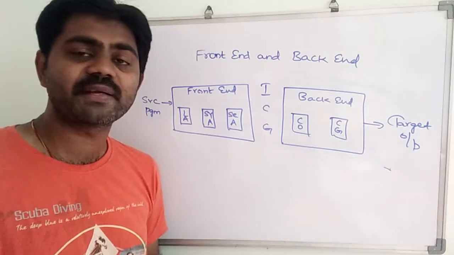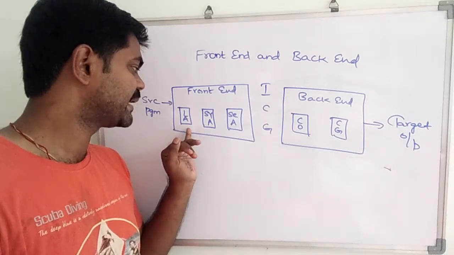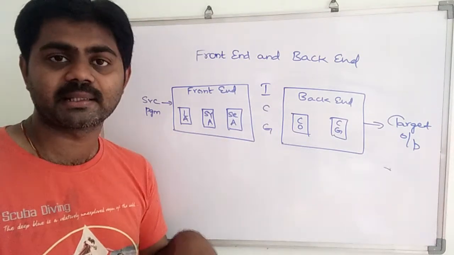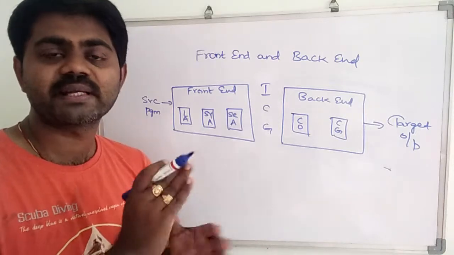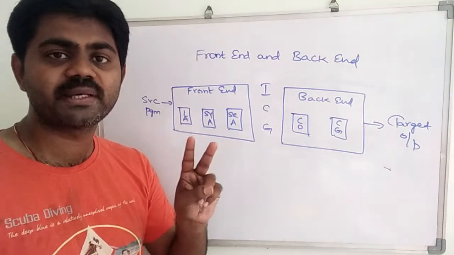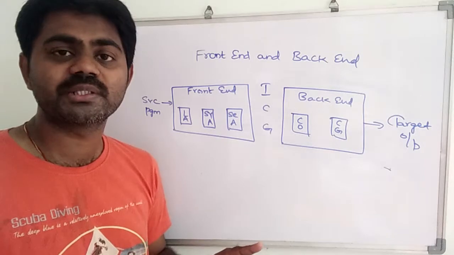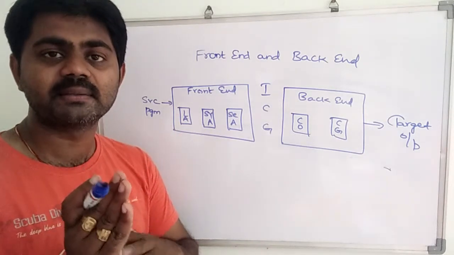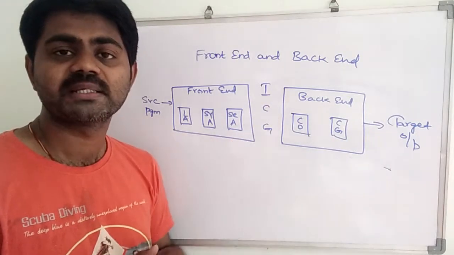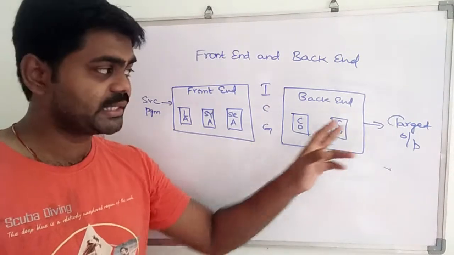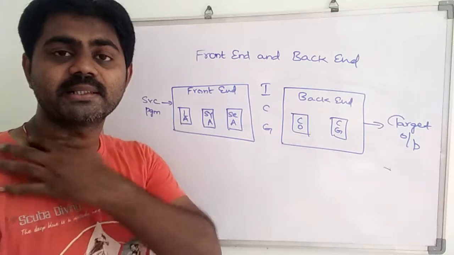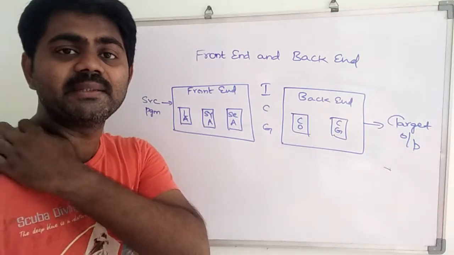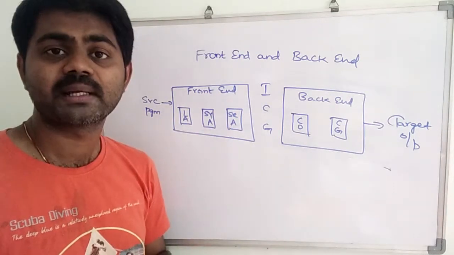So coming to the front end of a compiler, we have lexical analysis, syntax analysis, semantic analysis. Coming to the back end of a compiler, the back end contains only 2 phases: code optimization and code generation. In between the front end and the back end, I have intermediate code generation, and finally the target output is generated. So this is what exactly happens in the front end and back end of a compiler.